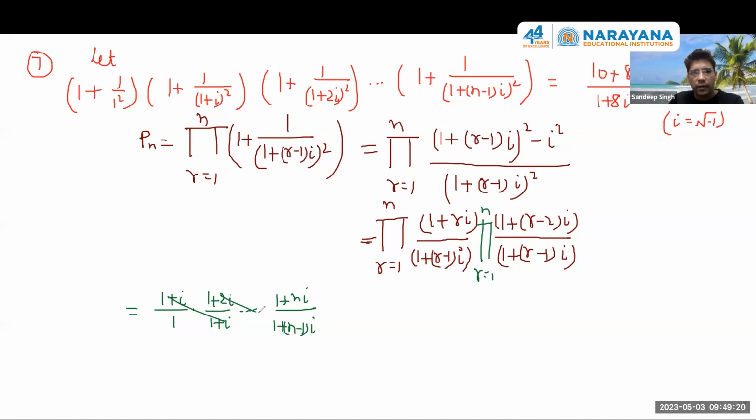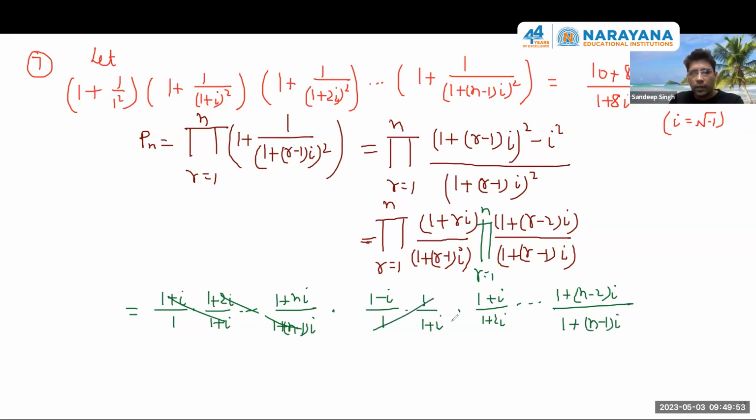So these terms will get cancelled like this, and 1 plus n i will remain. And in the second product, what will remain? 1 minus i upon 1, then 1 upon 1 plus i, then 1 plus i upon 1 plus 2i, and finally divided by 1 plus how much? n minus 1.